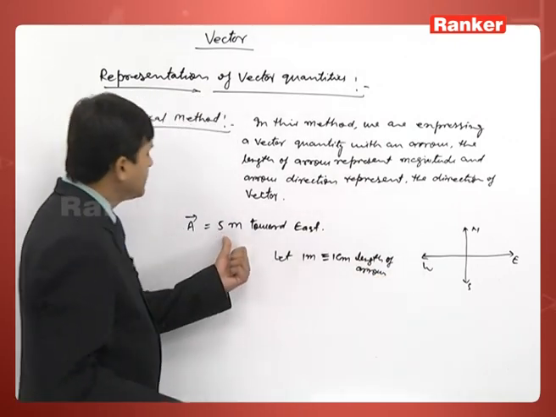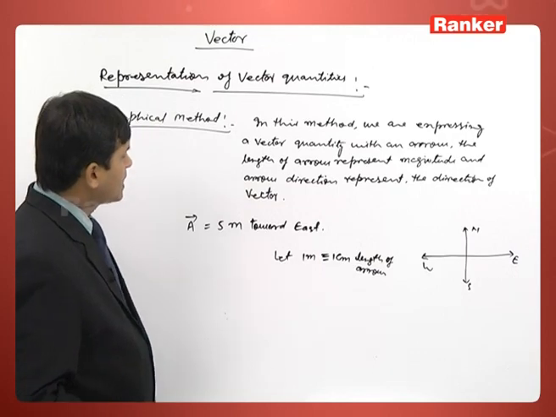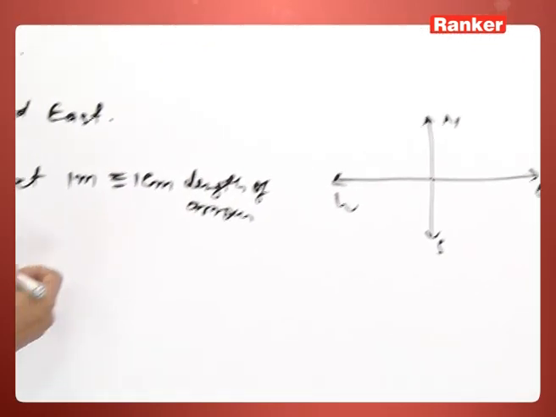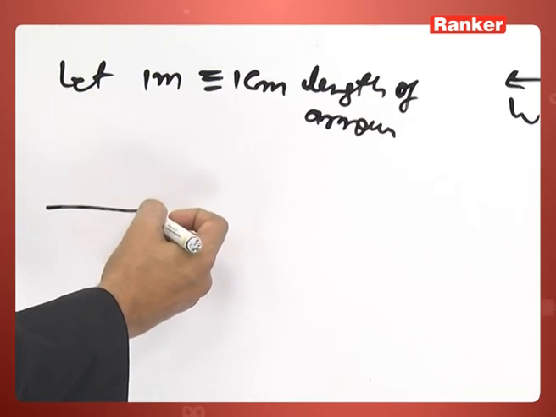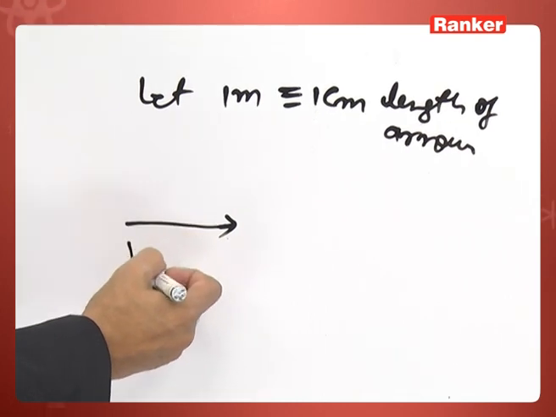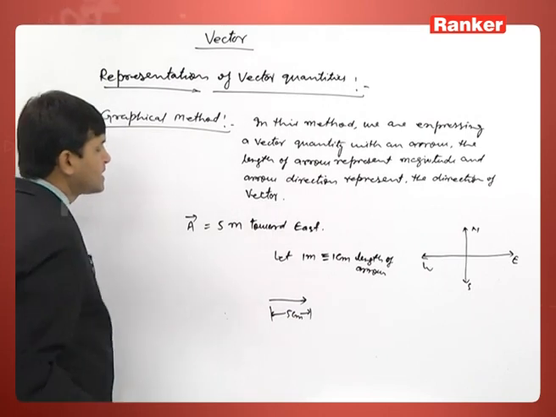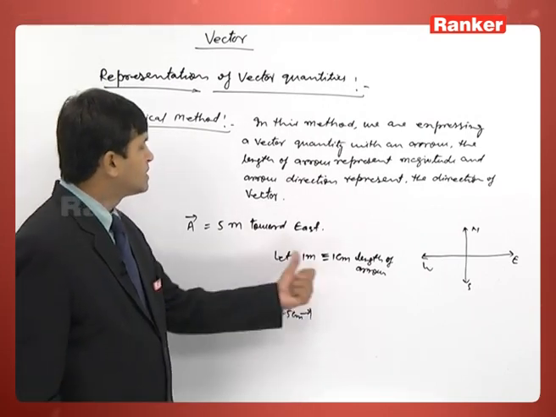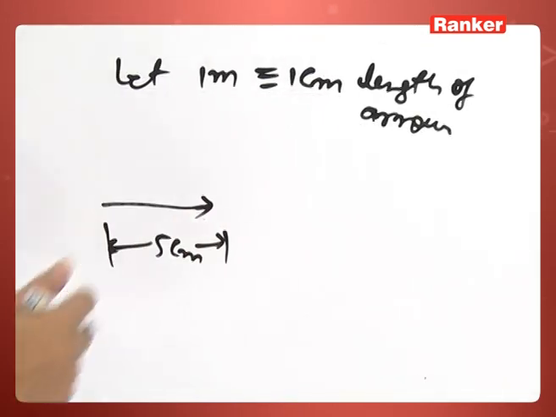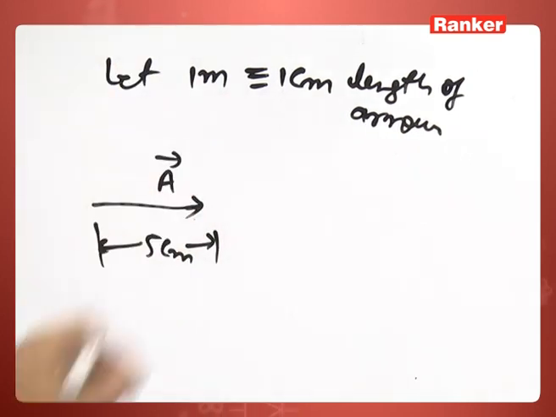So 5 meter means the length of the arrow should be 5 centimeter, directed towards east. We represent it like this: this is the arrow and its length is 5 centimeter, equivalent to 5 meter towards east. This is the vector A.